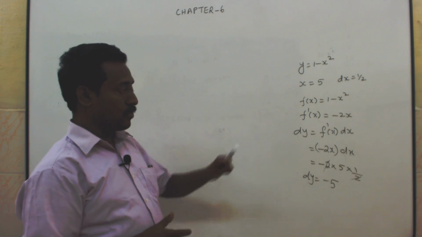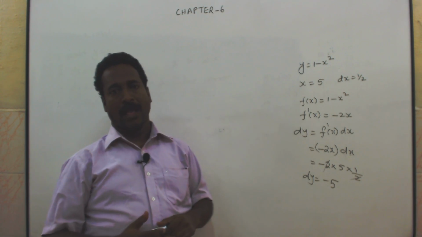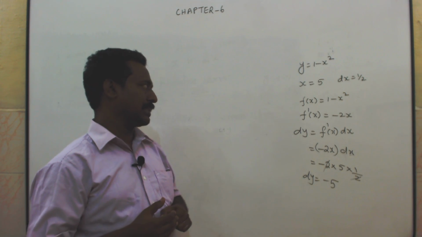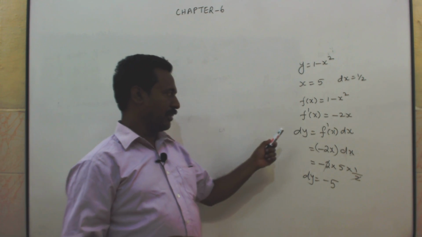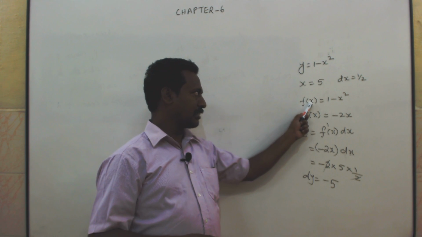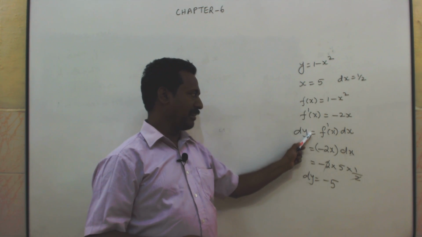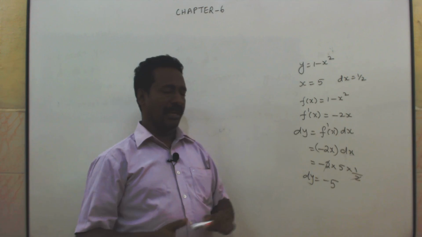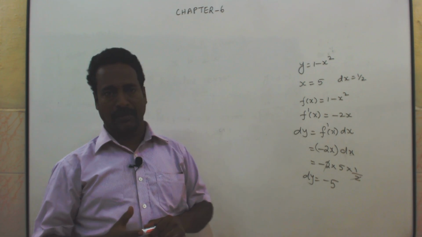Listen, y equal to 1 minus x square, the x value and the dx value is given. We have to find out the differential. So, f of x, f dash of x, write the formula, f dash of x value and dx, substitute and simplify.